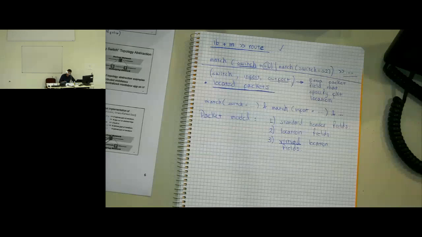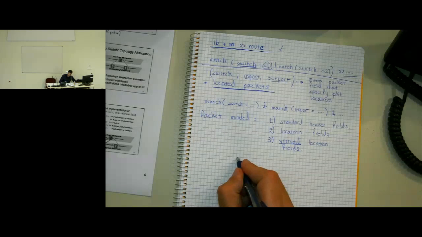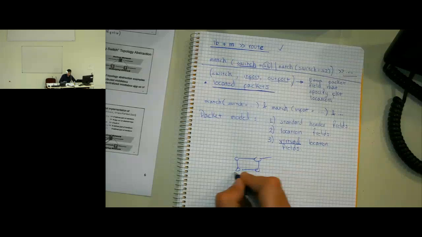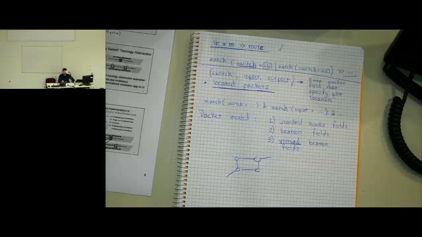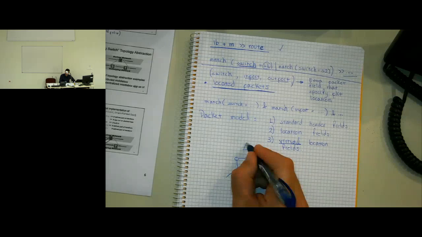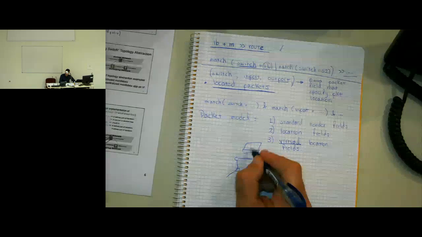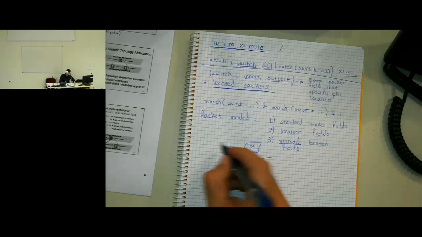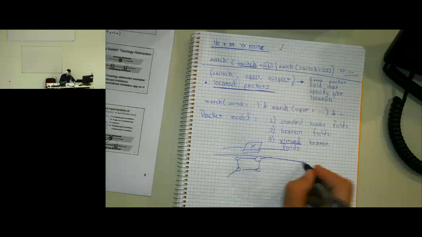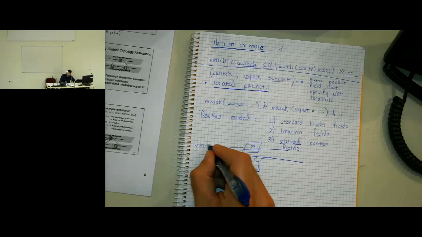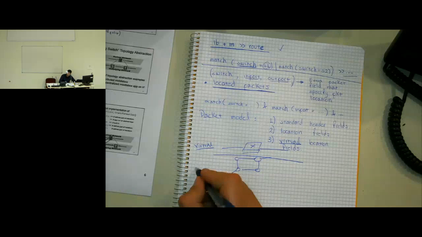So, for example, we could have a topology with many switches, and you could specify one big switch that is virtual. So this is virtual and this is actual.